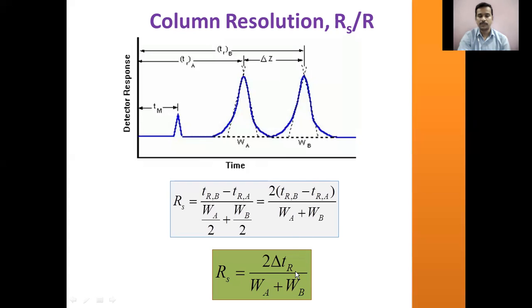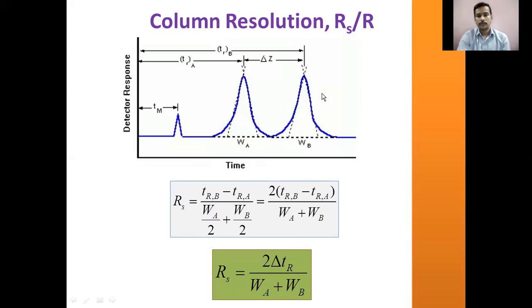Whichever is convenient to you, you can use. So in place of TRB minus TRA, you can put delta TR. So resolution is equal to 2 into delta TR divided by WA plus WB.